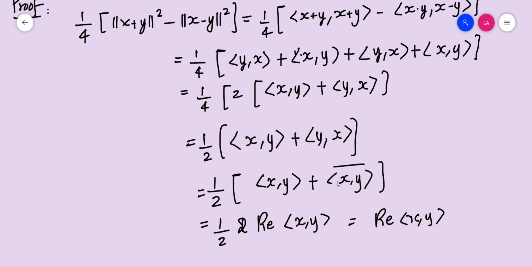In the case of a real inner product space, the conjugate is equal to inner product xy itself, because for a real number its conjugate is the same as the number. But for a complex number, a number plus its conjugate is 2 times the real part. That's the only difference.